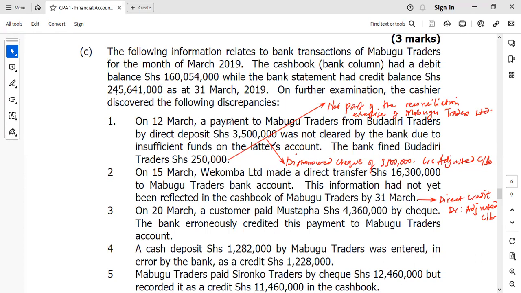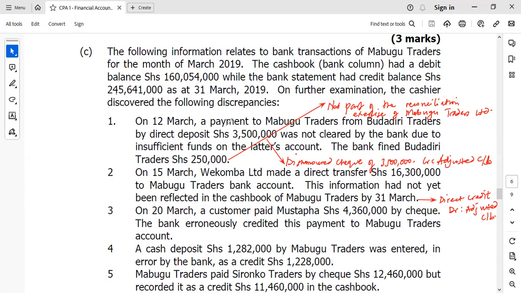16,300,000. Then on 20th March, a customer paid Mustafa shillings 4,360,000 by check. The bank erroneously credited this payment to Mabugu Traders' bank account.